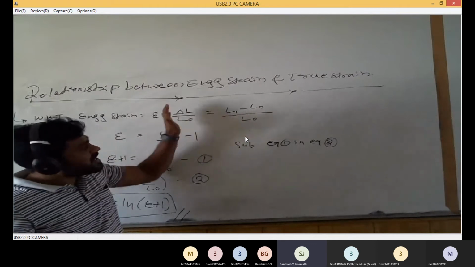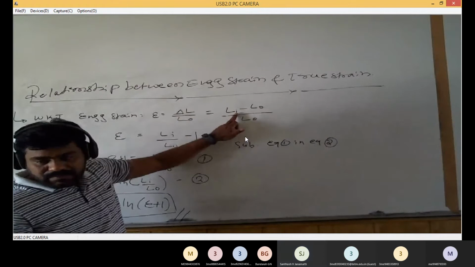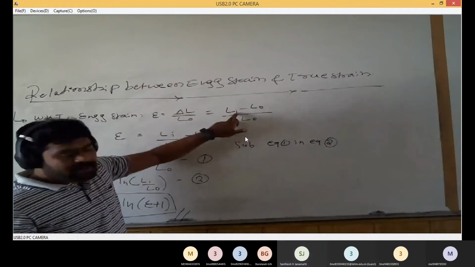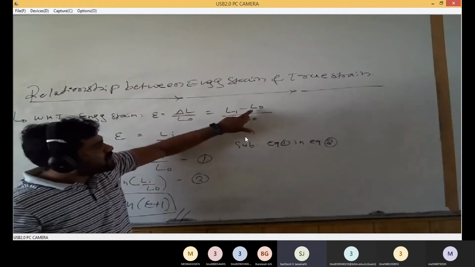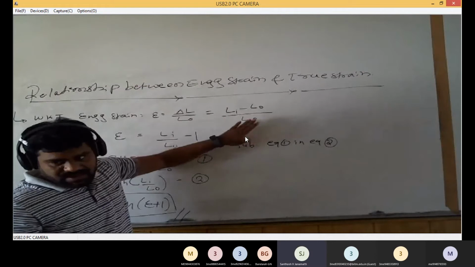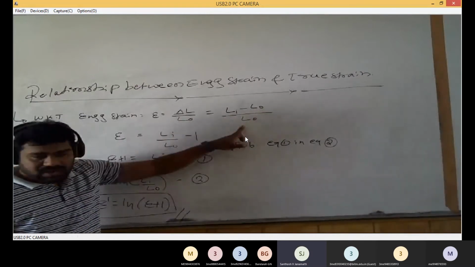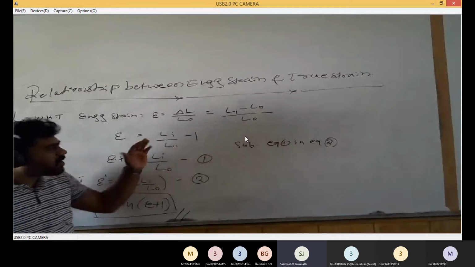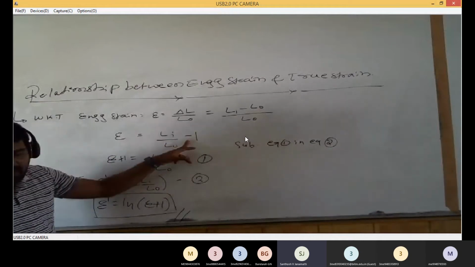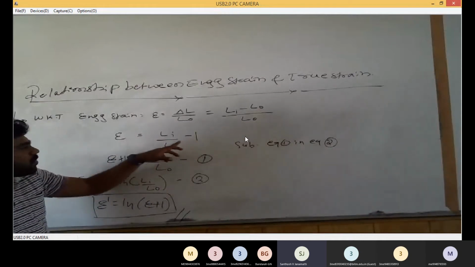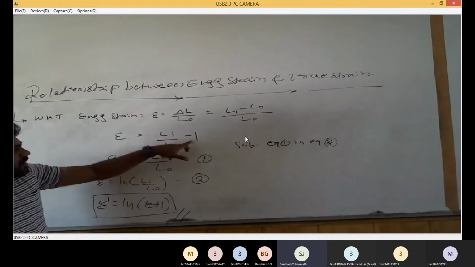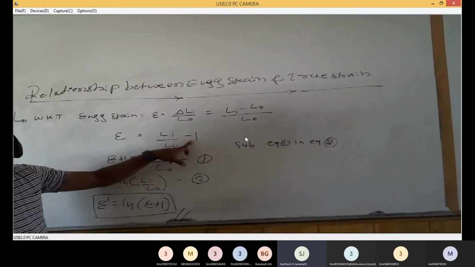So I am elaborating the delta L: change in length over the original length, divided by the original length. Now L naught is common, so I can take the common L naught. After simplifying, we get Li by L naught minus 1.